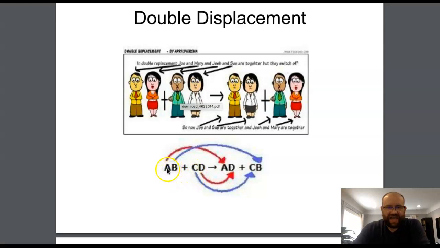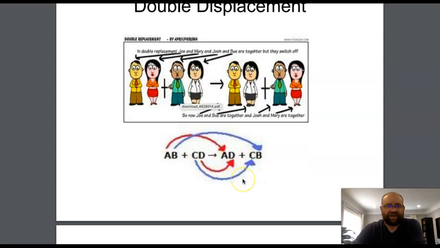What's going to happen is the A is going to combine with the D. This cation A combines with the anion D of another compound to give us AD. The outers combine, the cation and the anion. And then B and C will combine. The C cation from this compound will combine with the B anion of the first compound to give us CB. Remember, cations are written first and anions follow after that.